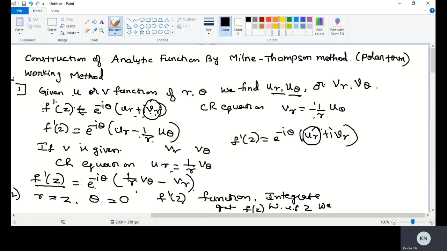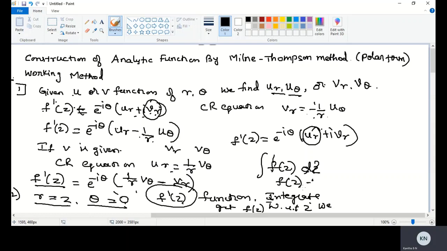The next step, in place of r put z, and in place of theta put 0. You will get f dash of z, but we want f of z. Then do the integration, integration of f dash of z dz. You will get f of z. Okay, this is the working method for polar form.